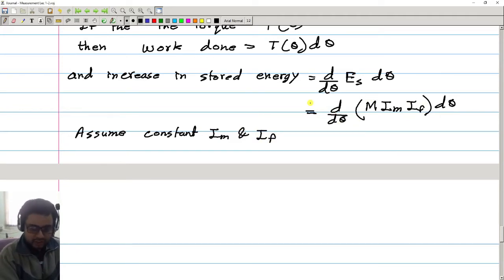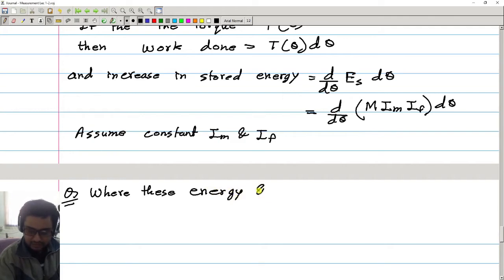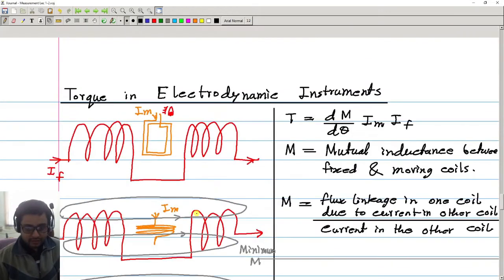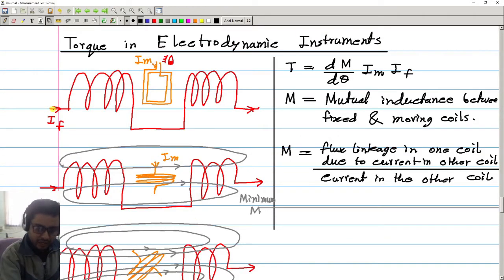Now the question is where this energy and work done come from. Definitely it comes from outside. Outside means here there is a source, some external circuit, which is supplying this current.